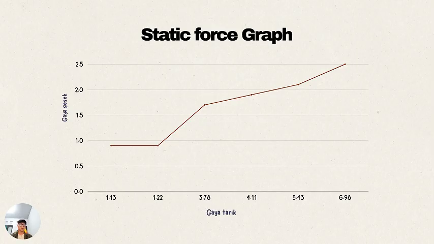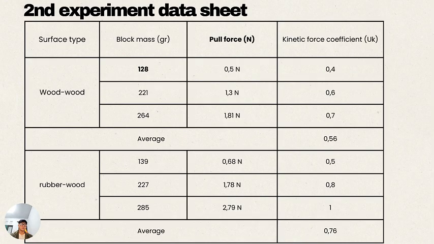Now, how do we get the normal force? First, we use the block mass in grams. We take a sample of 128 grams and convert it to kilograms, which is 0.128, times the gravitational acceleration of the Earth, 9.81. That gives roughly one newton. Then we multiply it by the kinetic force coefficient that we found, which is 0.4.